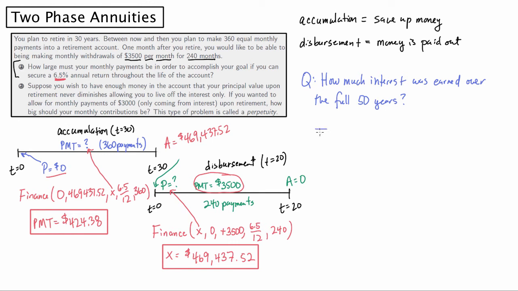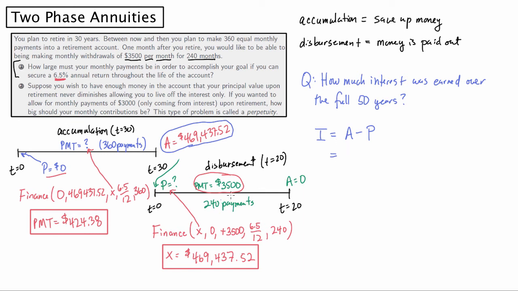The best way to calculate this is, remember, the interest is the future value of the account minus the principal value. And I know you're tempted to say that this is the future value of the account, and it is for the first 30 years, but the future value for the entire 50 years is how much money you walked away with.